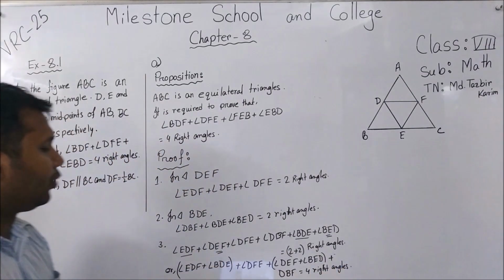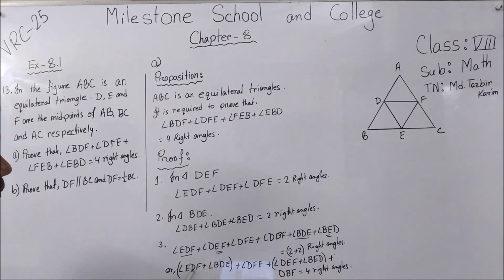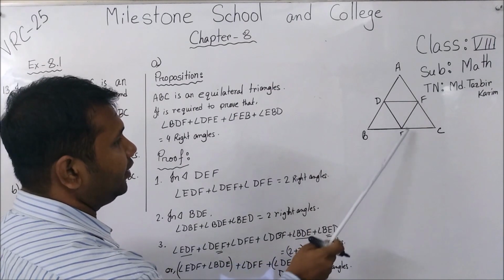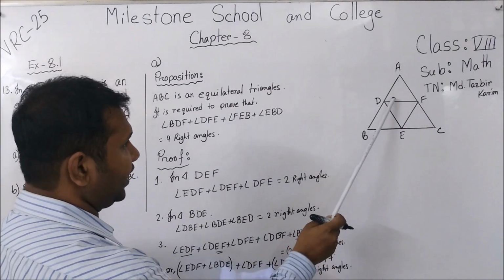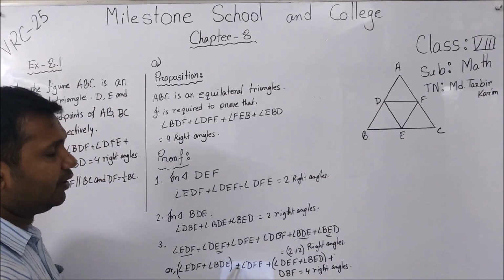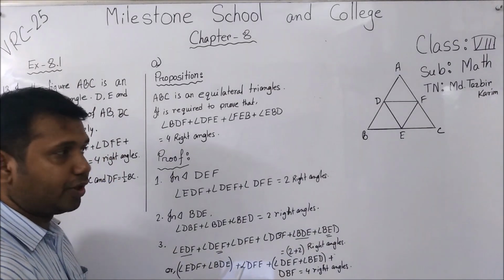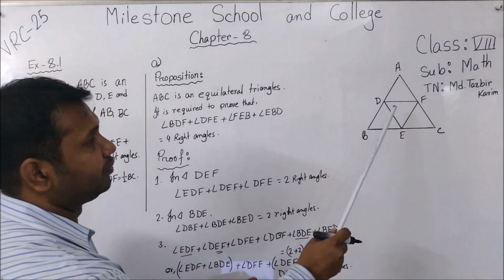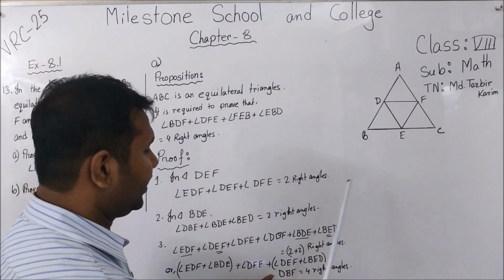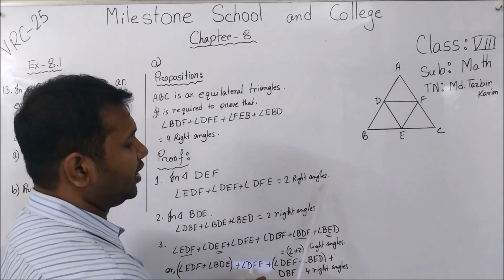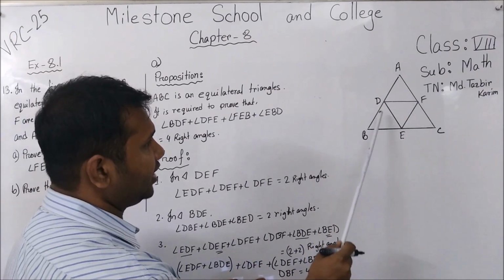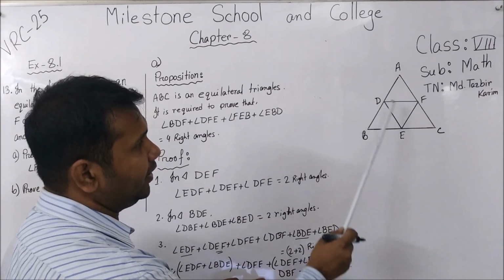What we did? Look at them. This is EDF, this angle, and angle BDE. These two angles are just taken together. Then next angle, that is DFE. Then the next two angles, look at it, that is DEF, this angle, and angle BED.